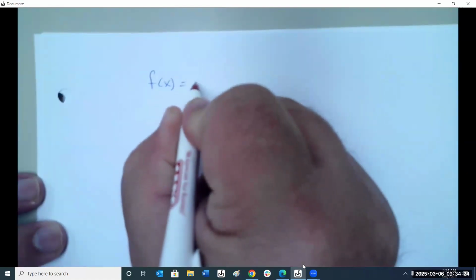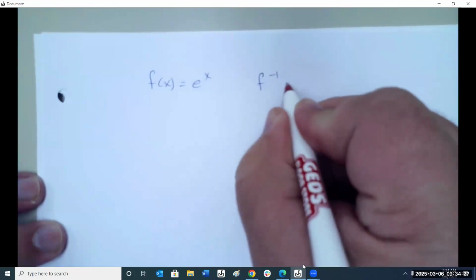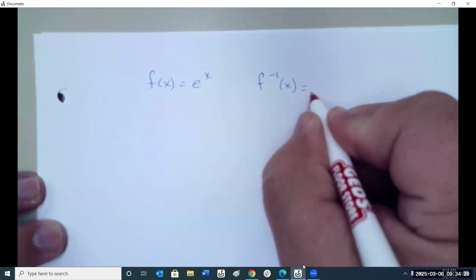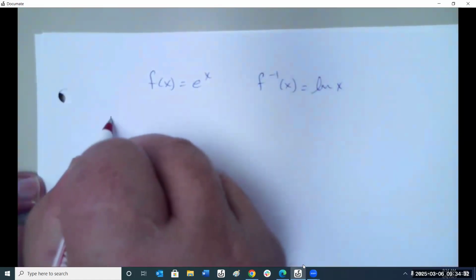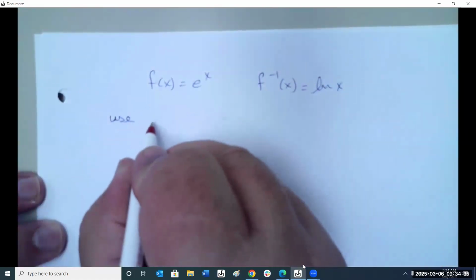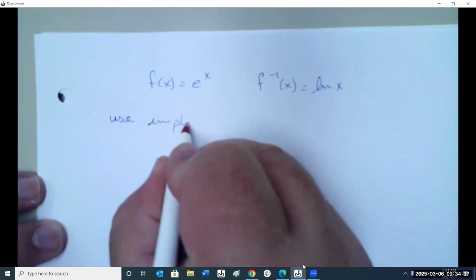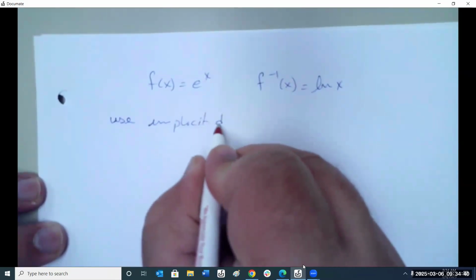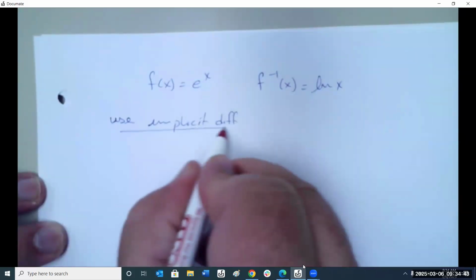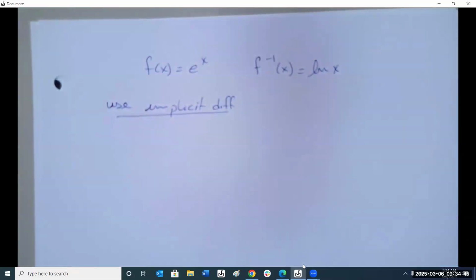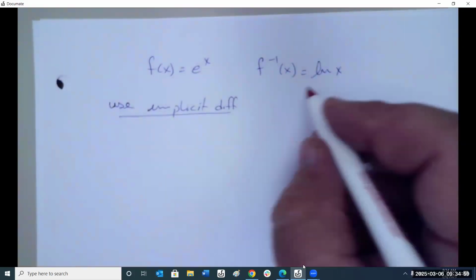Let's take the same one. So our function was f of x equals e to the x. And we know that our inverse is ln x. Use implicit differentiation. Remember, what are we trying to prove?